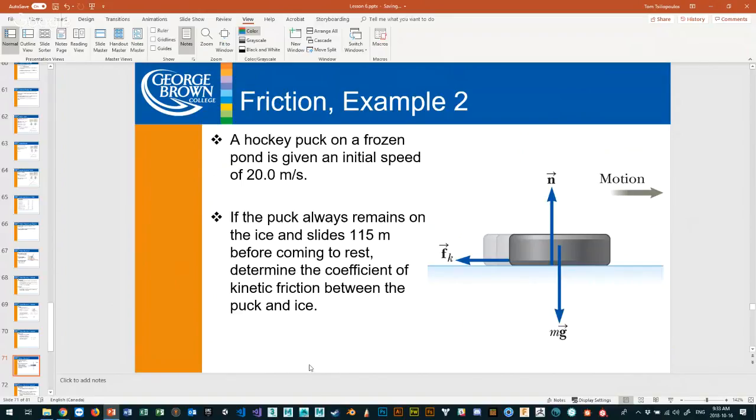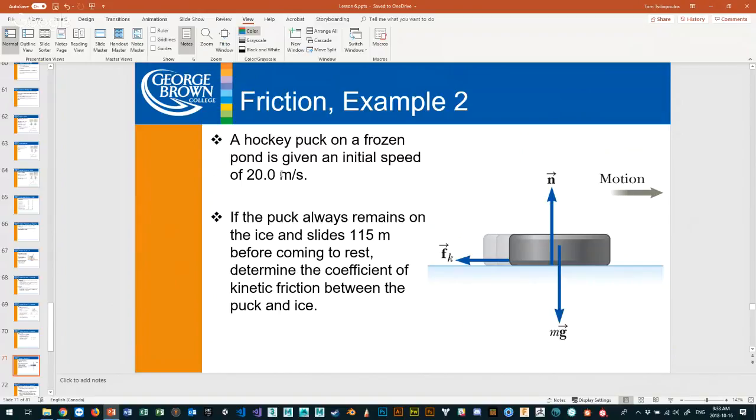Okay, what does that mean? How does that work? I've given an initial speed of 20 meters per second, which means I've overcome the initial static friction force. I'm already in motion, so it's not the force of static friction that's taking hold. Now kinetic friction is what's slowing me down.